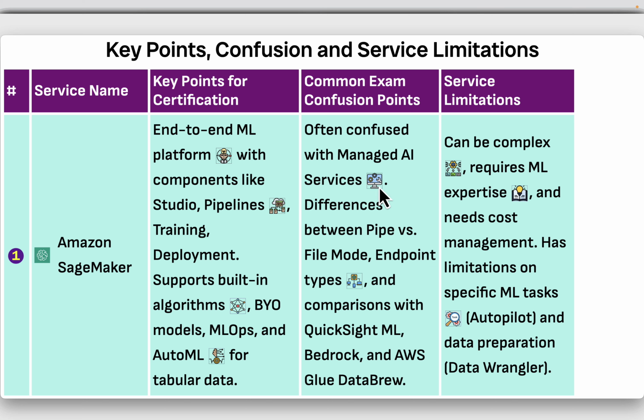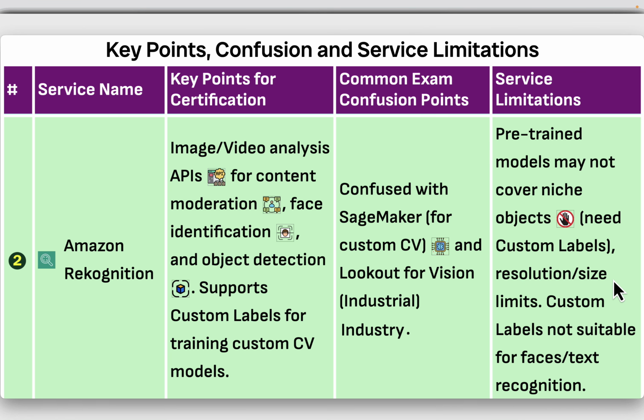But most of the time, if it is a simple requirement and the question says there are no developers, then you will go for other services. So this is the key difference between this and all the other services, except one or two, like Bedrock. I'll come to that.